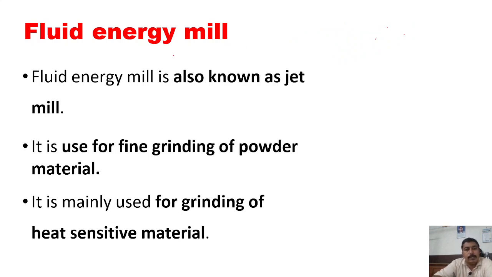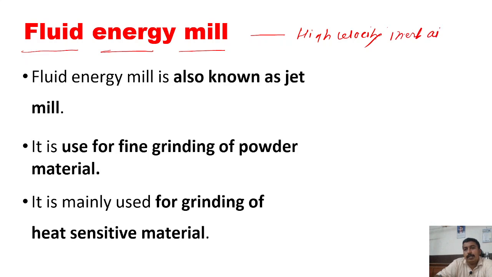So we are going to start with the fluid energy mill. First important thing, what is meant by fluid energy mill? This mill utilizes high velocity air, which is generally inert air. This inert air is responsible for breakdown of the particle.